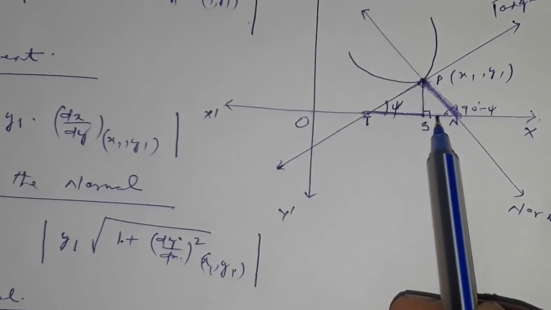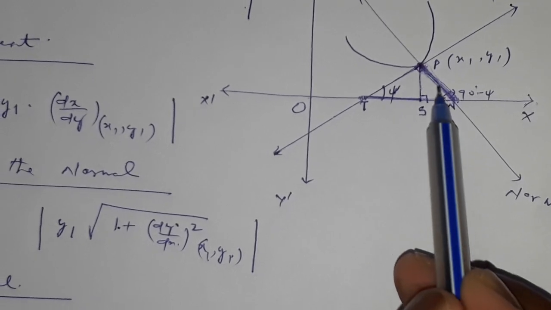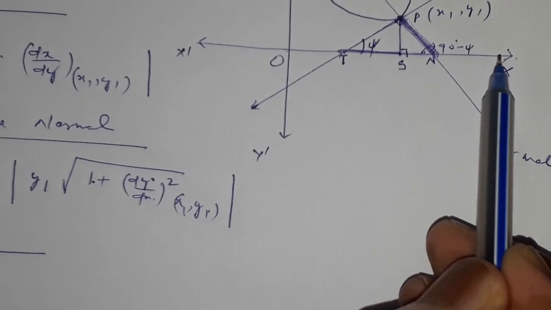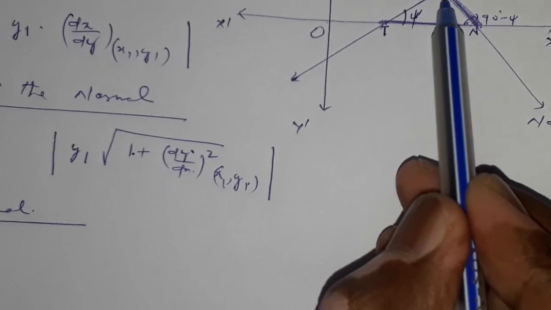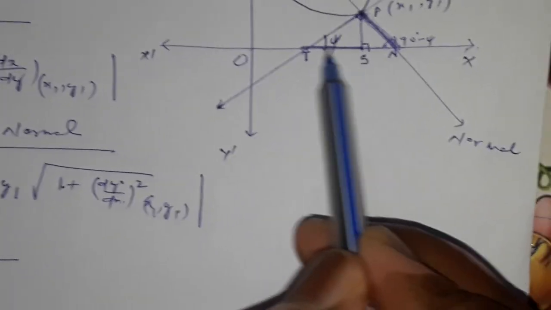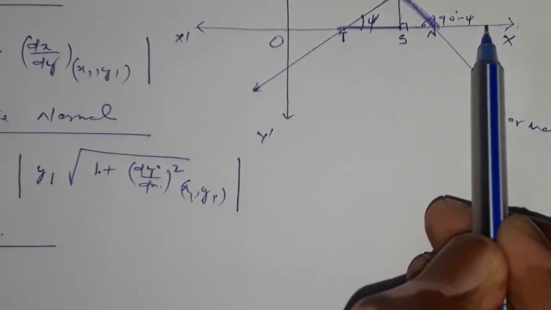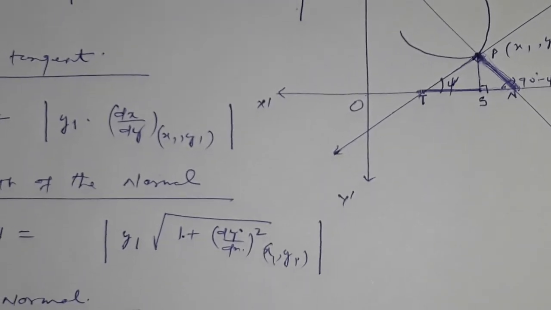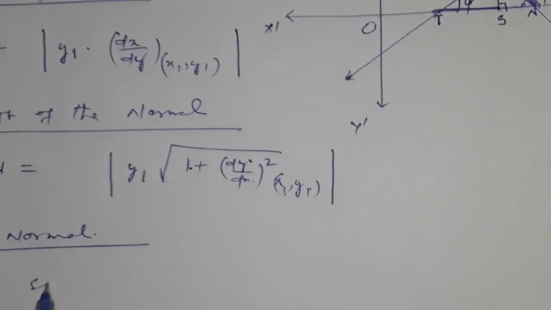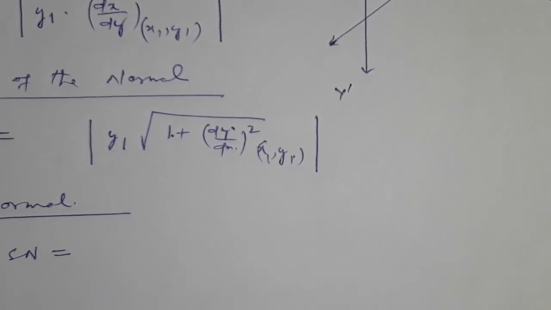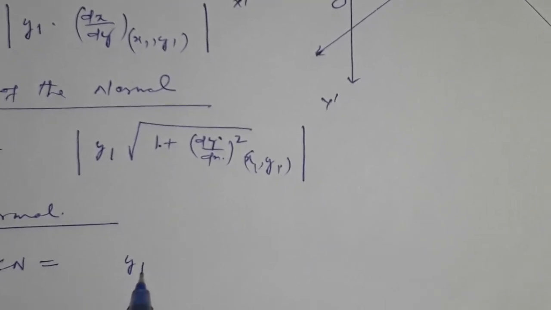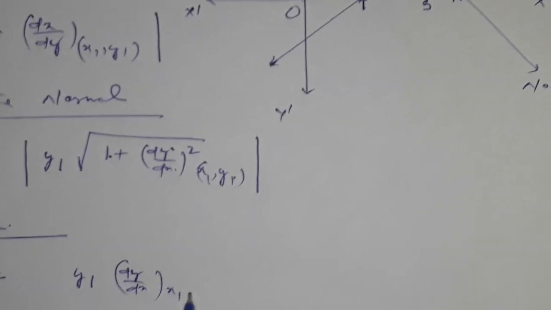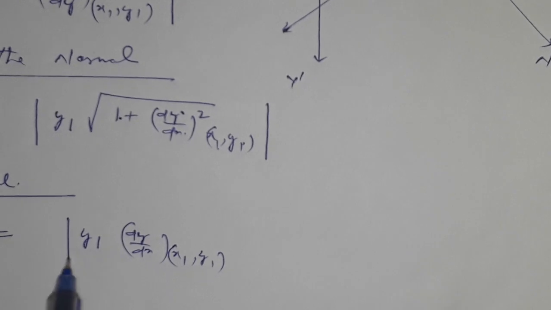The projection of the segment PN along the x-axis, that is SN, is called the subnormal. So SN equals |y1 times dy/dx at (x1, y1)|.